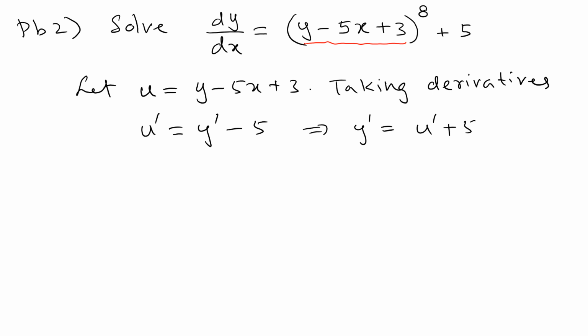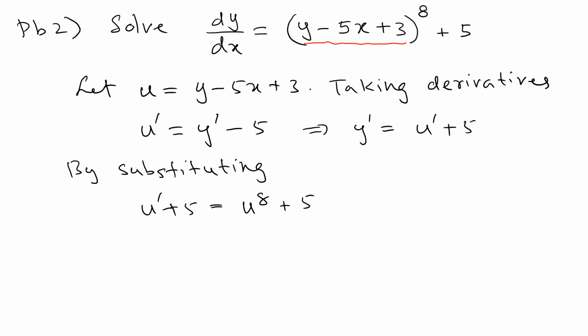By substituting, on the left side you get u prime plus 5, and on the right side you get u to the 8 plus 5. You can see that the 5 makes a big difference, so this gets cancelled out. If you write it in the other form, it is simply du over dx on this side and u to the 8 on the other side, and you can see this is a separable equation.